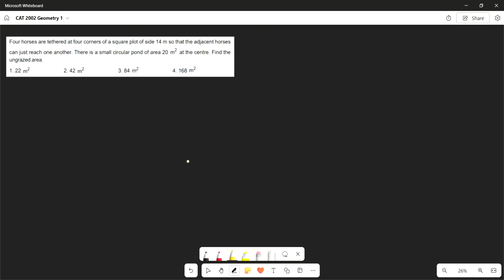length of the rope that can be used to tie the horses at the corners, so that the adjacent horses can just meet or reach one another. So first let me draw the square.